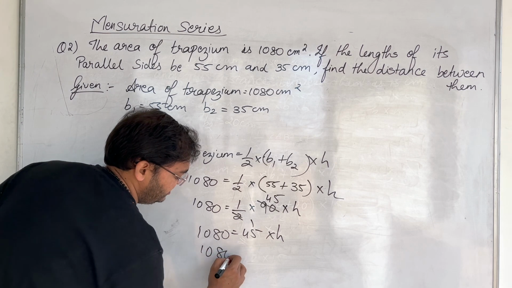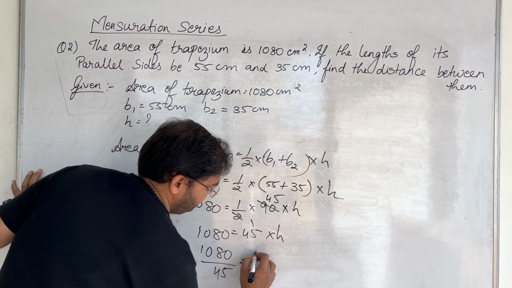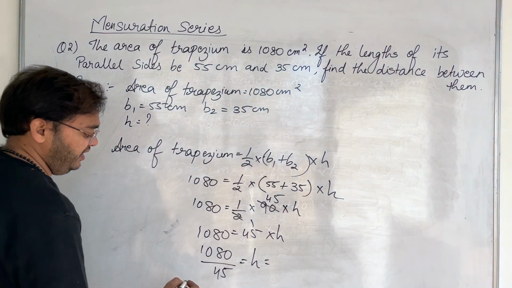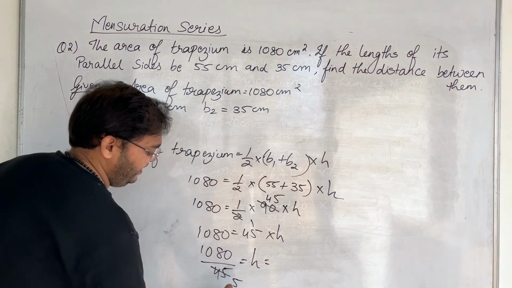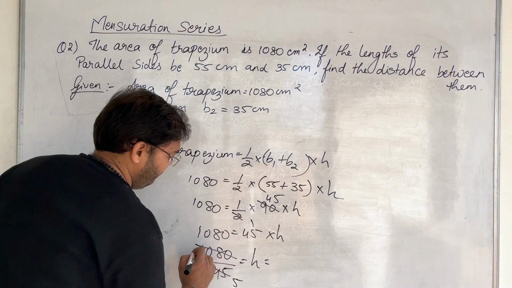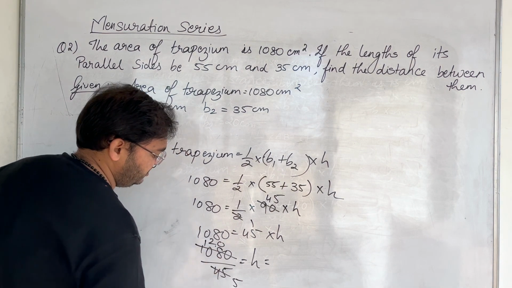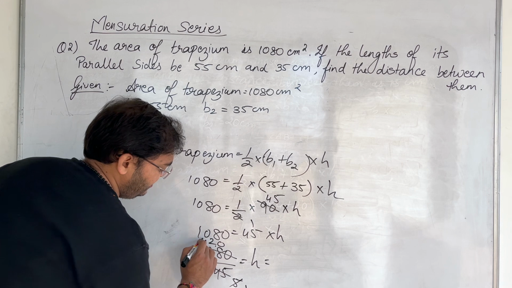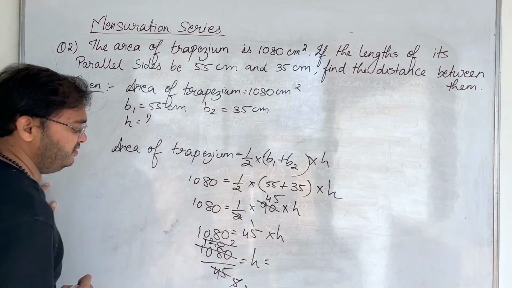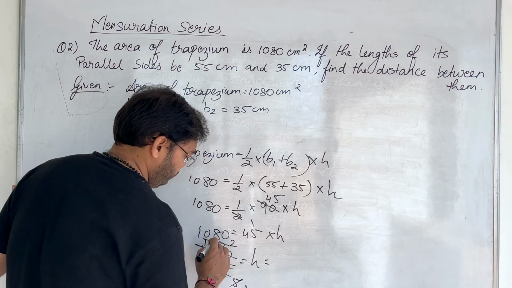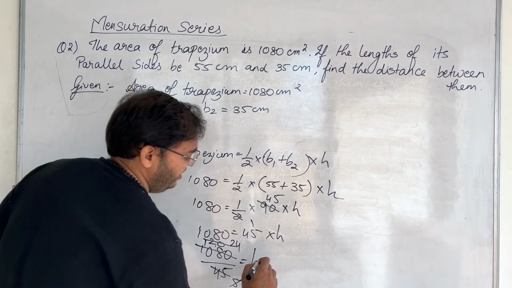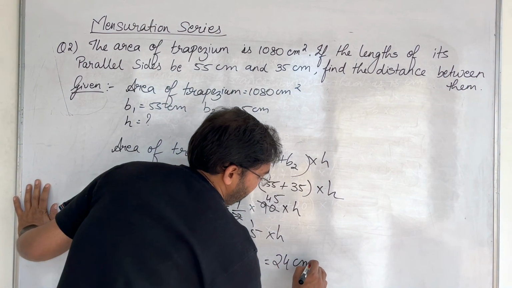That means 1080 divided by 45 is equals to height. Now let's check it out: 9 5s, I can take. Then 9 1s are 9, and 9 2s are 18, and 0 is left. 5 1s are 5, 5 2s are 10, and 2 left, so 4s are. That means height is 24 centimeter.